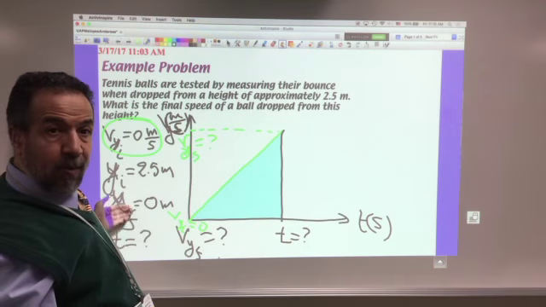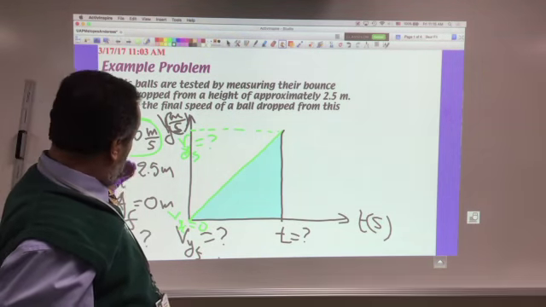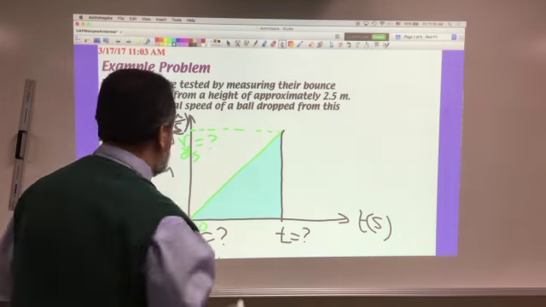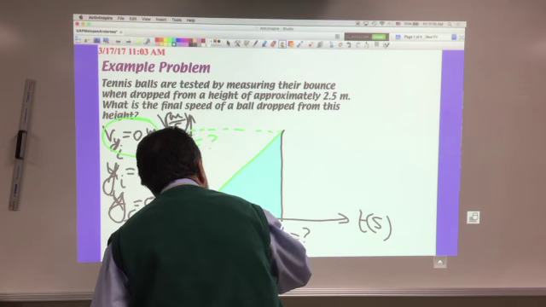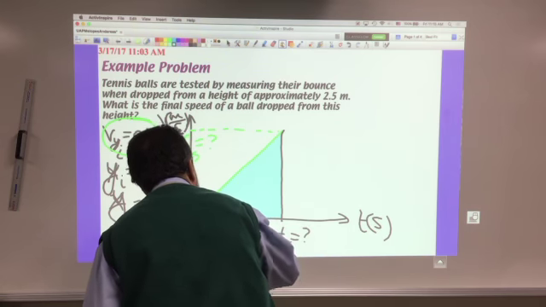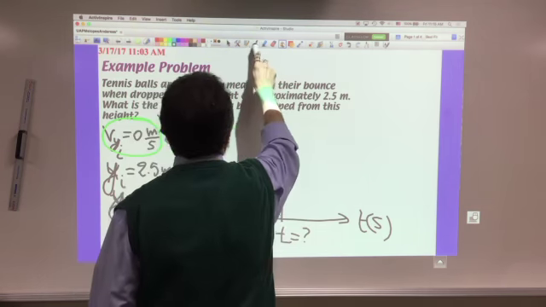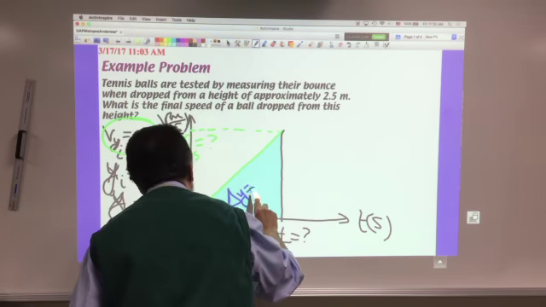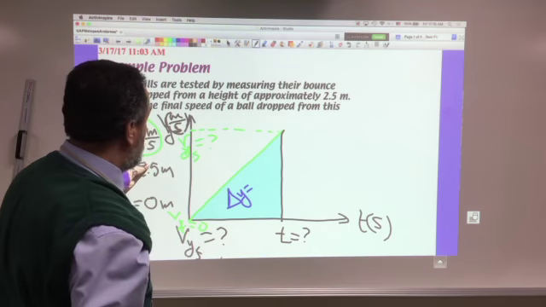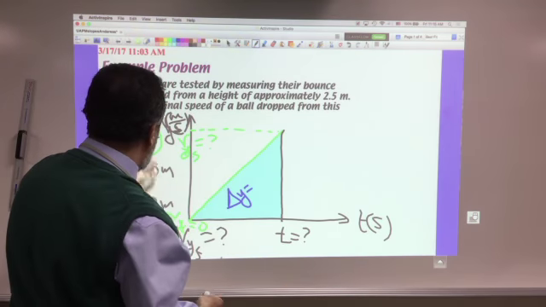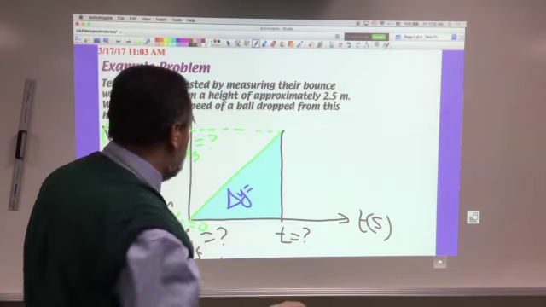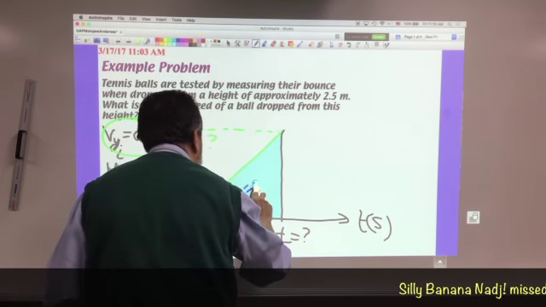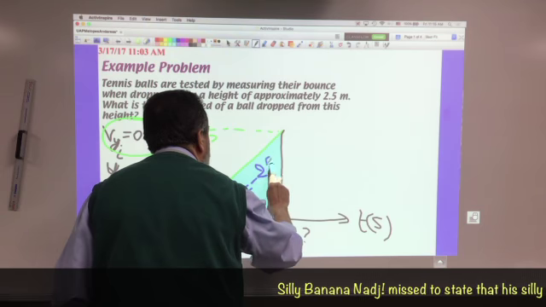What's the total displacement here? I hope you answered 2.5 meters. My delta y is equal to final minus initial. According to this, it should be a negative value, but I am talking about the absolute value. But for now, I could write negative 2.5 meters.